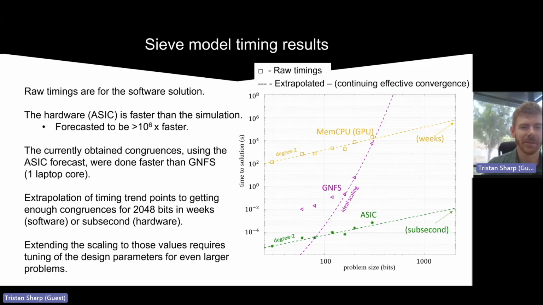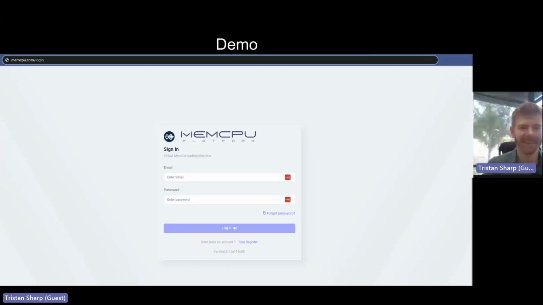And if you extrapolate this timing trend, you get enough congruences for 2048 bits in a week for the software, and incredibly fast for the hardware. Again, extending the scaling to those values requires tuning the design parameters for even larger problems. And that's definitely a step of effort and work that has not been done yet.